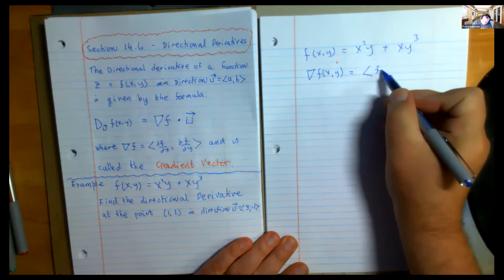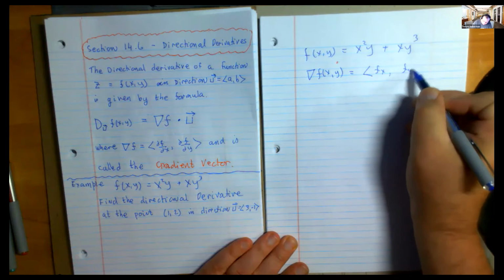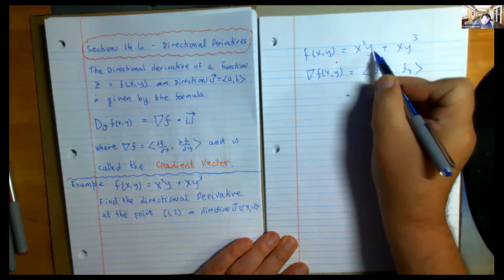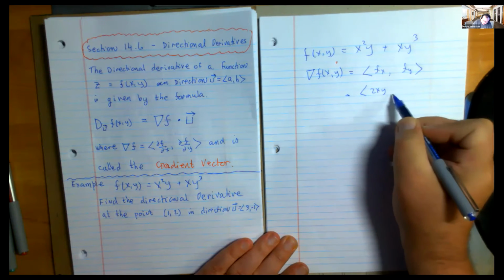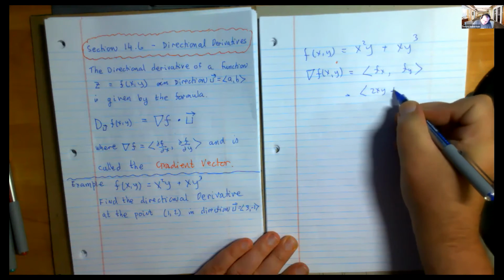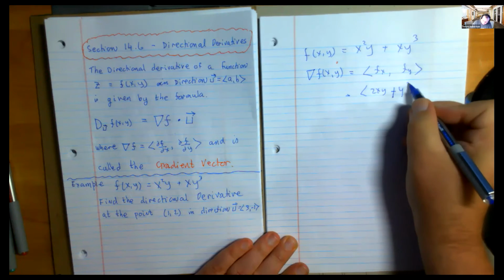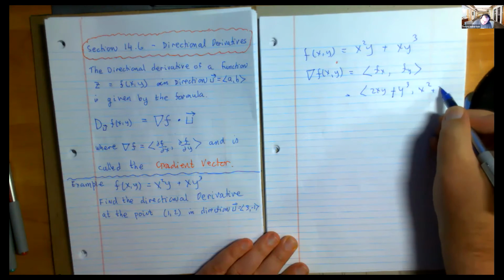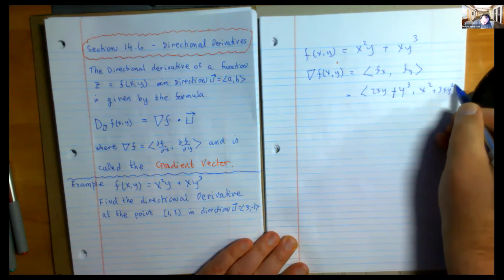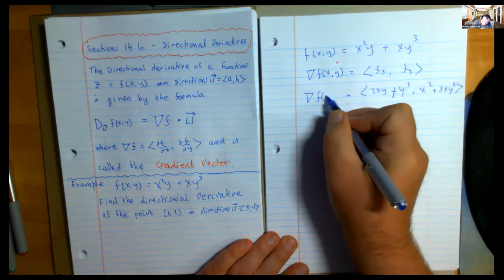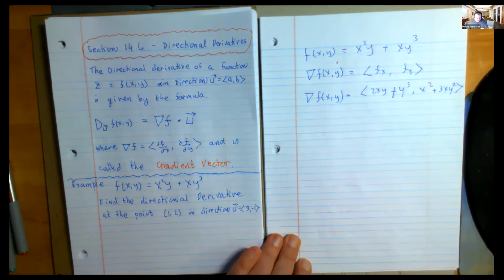So we are going to find the gradient vector first. And if you find this derivative, you get 2xy with respect to x, oops, almost missed it, plus y cubed. And if you do this guy, you get x squared plus 3xy squared. Okay, so there's the gradient vector.